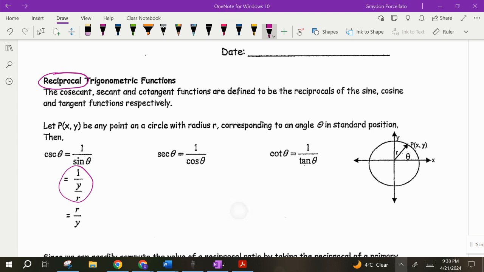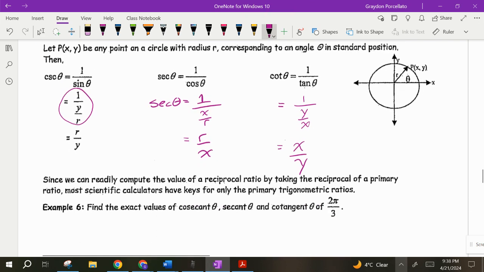So that means secant theta is equal to 1 over x over r, which is just equal to r over x. And cotangent is the reciprocal of tangent. We know that tangent is y over x, so 1 over that is just x over y. Okay, those are your reciprocal functions.